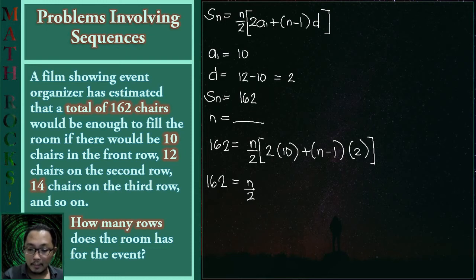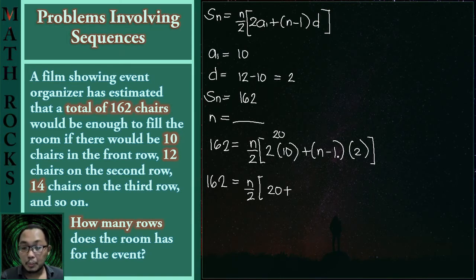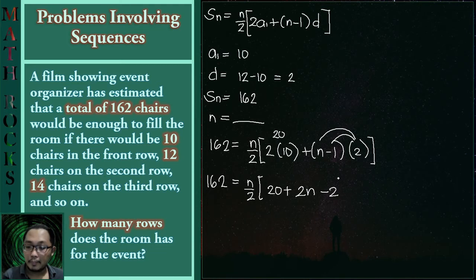So this will still be n over 2, while 2 times 10 gives us 20, but the quantity of n minus 1 times 2 will give us n times 2, which happens to be 2n, and negative 1 times 2 gives us a negative 2. So we can combine these similar terms here, like 20 minus 2, which gives us 18. And the expression now would be 18 plus 2n.